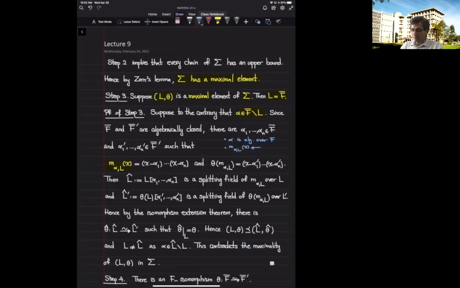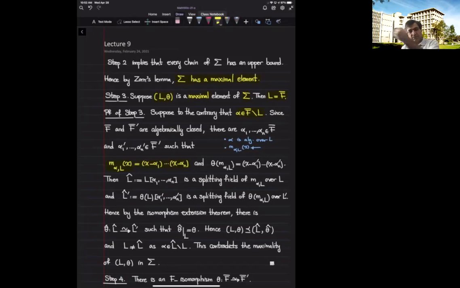That's why it's better to work with L, but the reason that alpha is algebraic over L is because alpha is algebraic even over F. So I'm looking at the minimal polynomial of alpha over L, and then I can decompose this into linear factors in F bar bracket X.